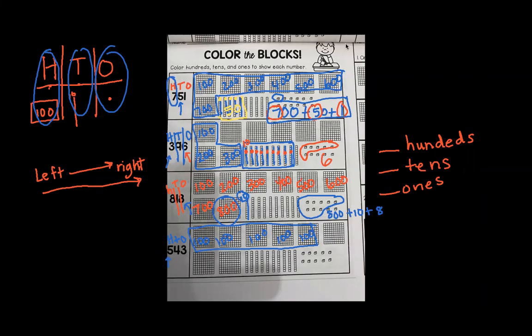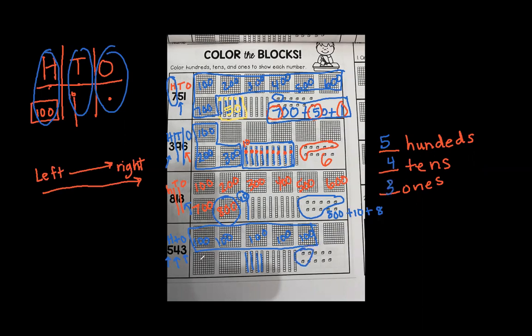We have 4 tens. 1 ten, 2 tens, 3 tens, 4 tens. And we have 3 ones.